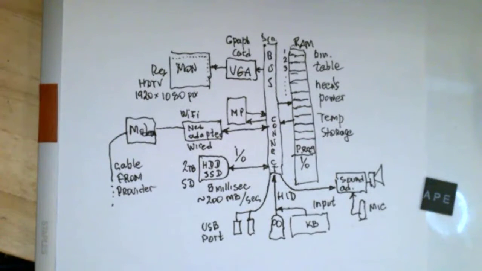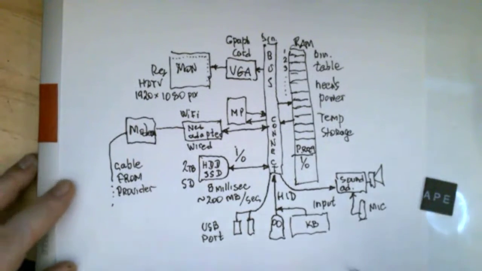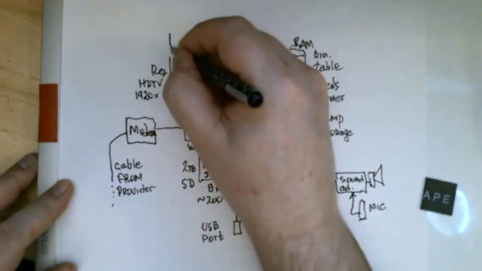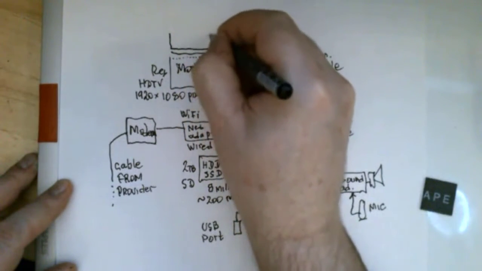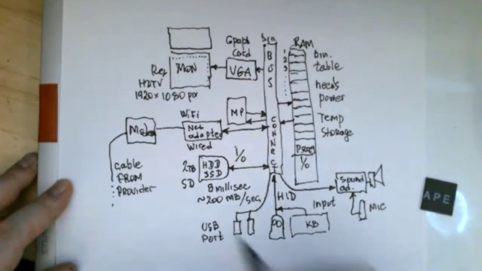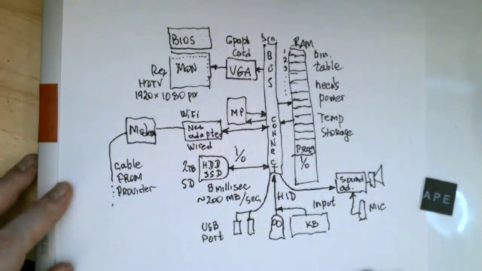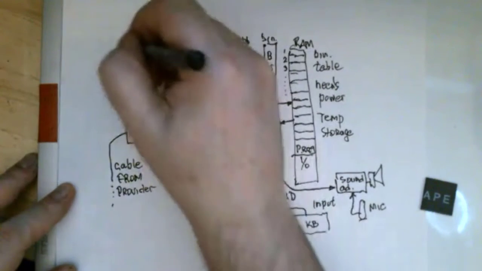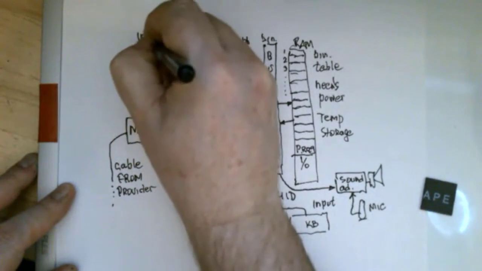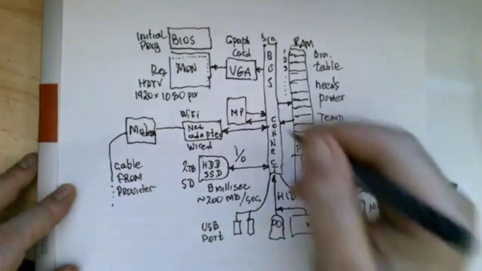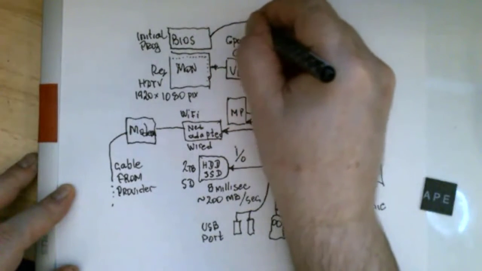So the companies who assemble these computers put in a specific chip named BIOS. BIOS contains the initial program for the microprocessor.